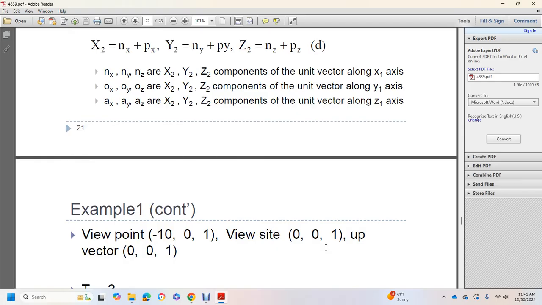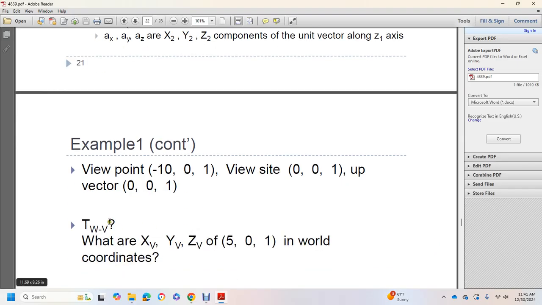Example: a viewpoint and a negative direction. The viewpoint has X is negative 10, Y is 0, Z is 1. The view site is X, Y, Z, and the up vector is 0, 0, 1. Where are the X vector, Y vector, and Z vector?